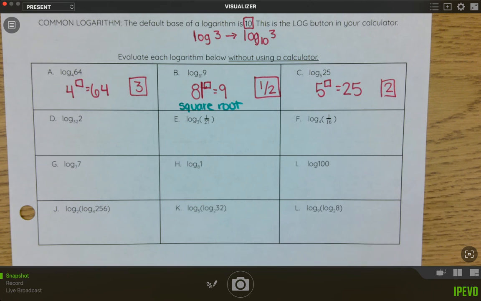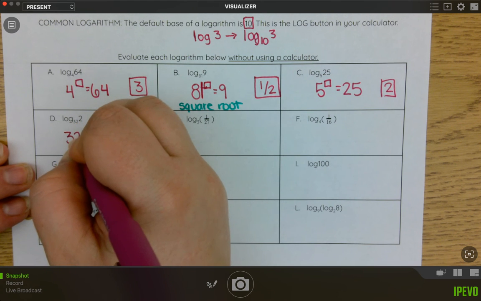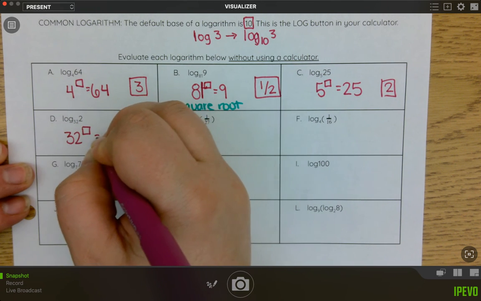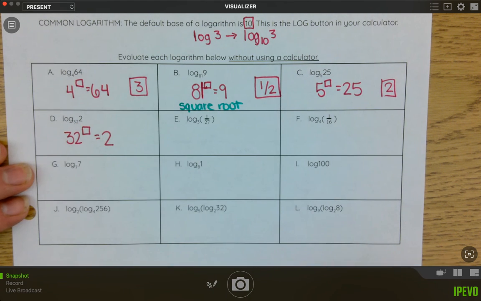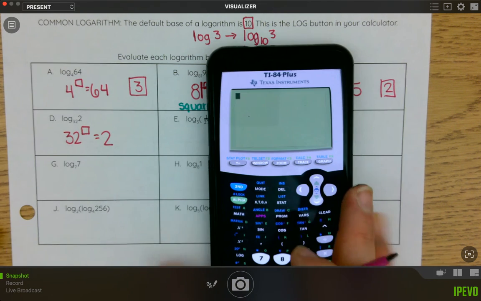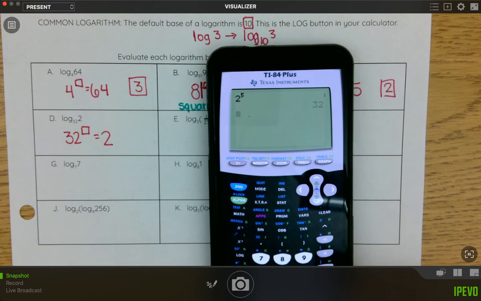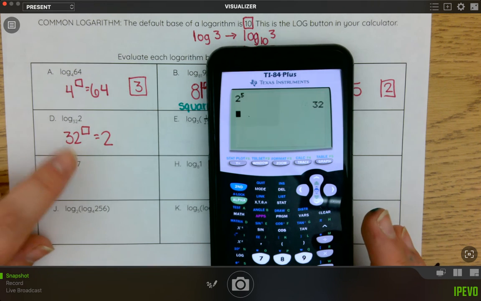You're finding the power. And we know these powers because we've done them on the powers table. You are welcome to pull that up and use it, but I will not be giving it on this unit's test because the goal is that we know that a little bit better. So then on D, 32 to what power is 2? Well, we should know now that 2 to the 5th is 32, but we're not starting with 2, we're starting with 32.